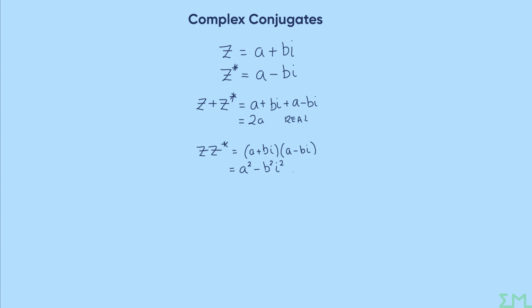Then we remember that i squared is -1, because i represents the square root of -1, which actually turns this into A squared plus B squared. So when you're working with complex numbers, rather than the difference of two squares, we actually have the sum of two squares. And this is also real.